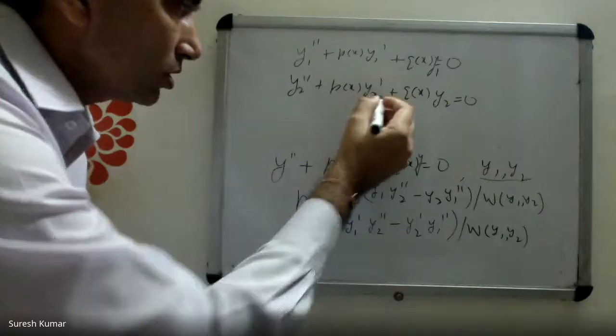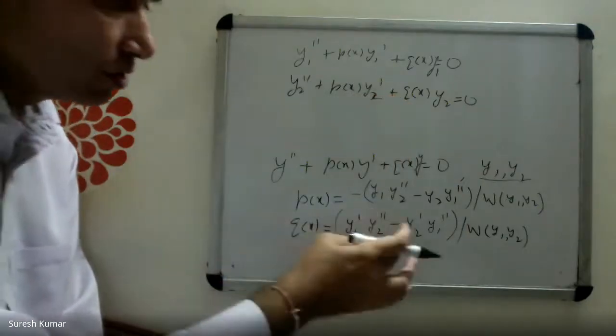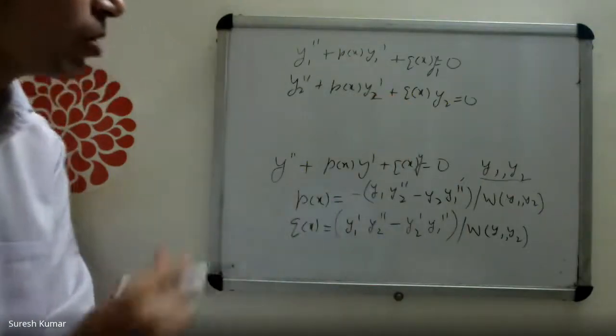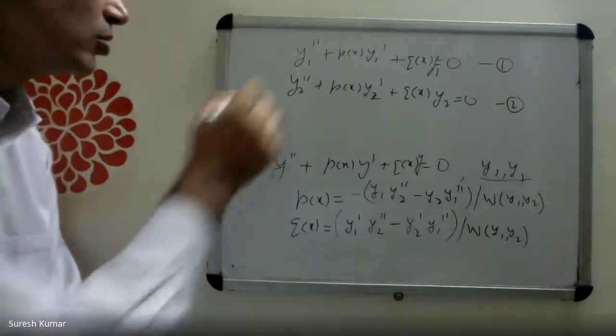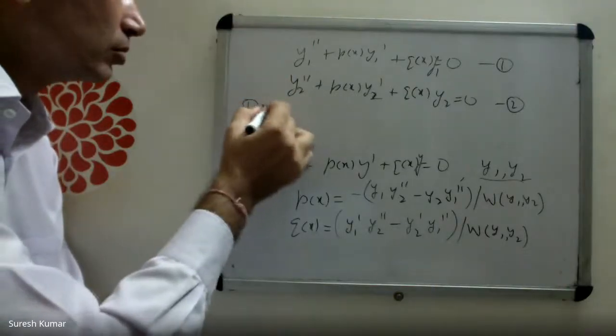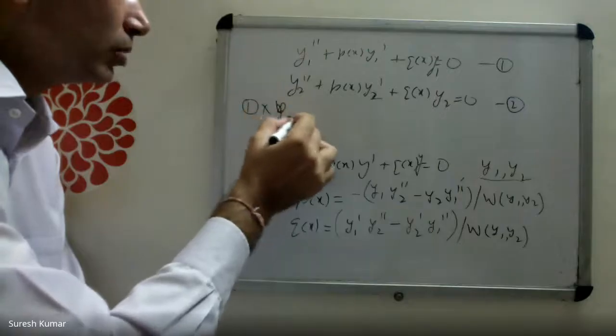From these two equations, you can obtain Px and Qx. How? By multiplying equation 1 by y2 and equation 2 by y1.